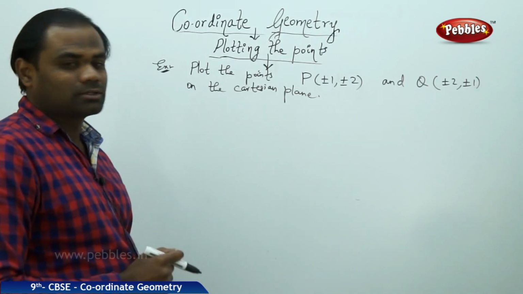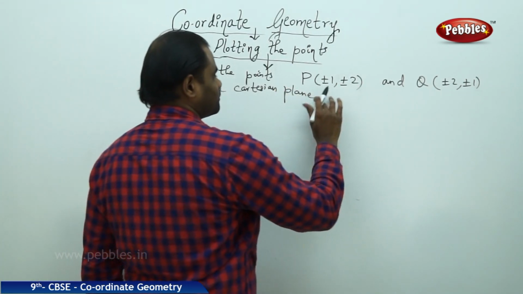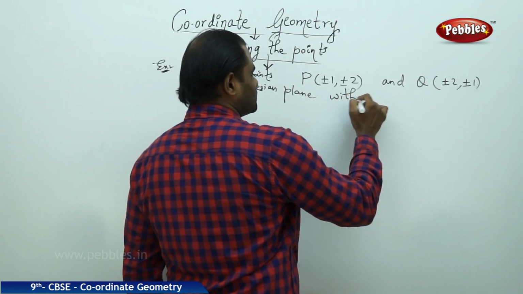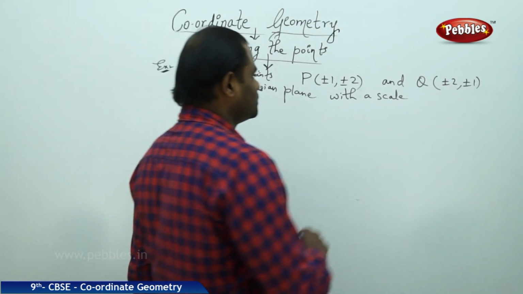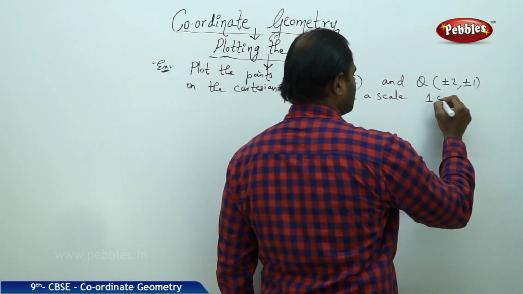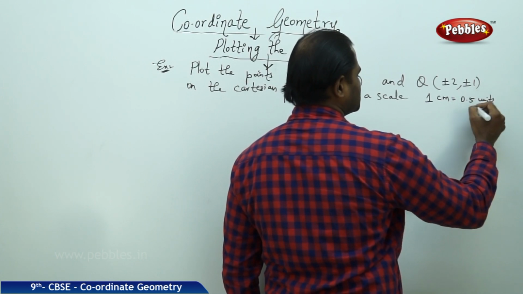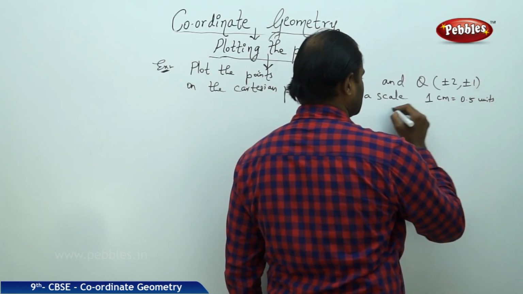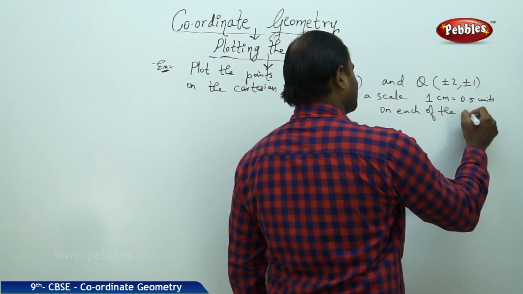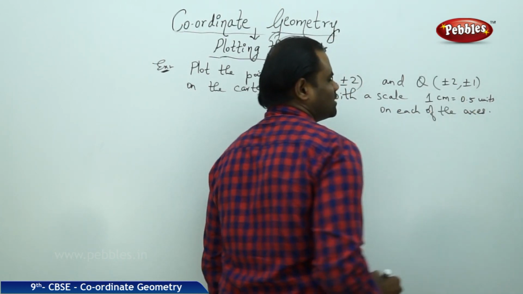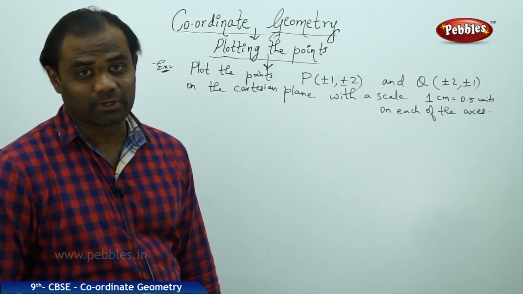So I would like to plot the points P and Q in the Cartesian plane, provided that the given condition is with a scale of 1 centimeter equals 0.5 units on each of the axes. On each of the axes is what is given in the question.